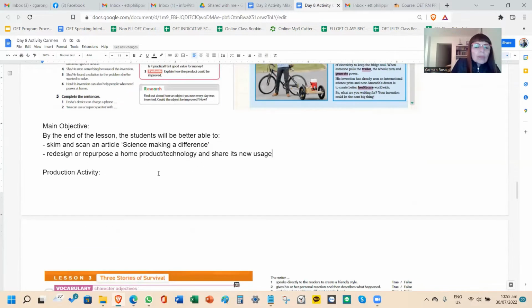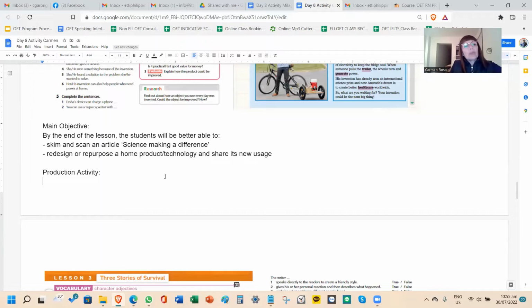So this could be your main objective. By the end of the lesson, the students will be able to skim and scan an article, Science Making a Difference, and to redesign or repurpose a home product or technology and share its new usage.